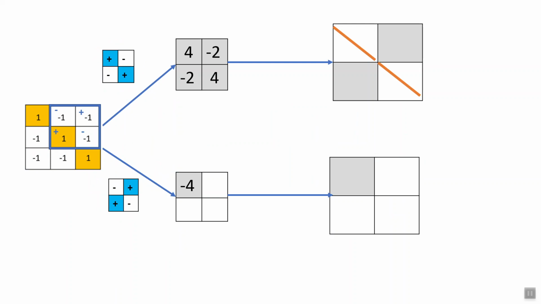Similarly, we have to use the filter for the second part. Using this, we can say our threshold is 2, and a -2 value will give the output nothing. Similarly, we use this value, minus of -1, +1, plus of -1, and minus of -1.